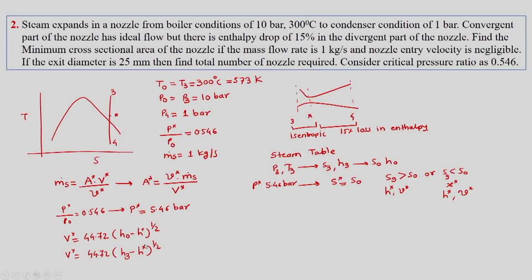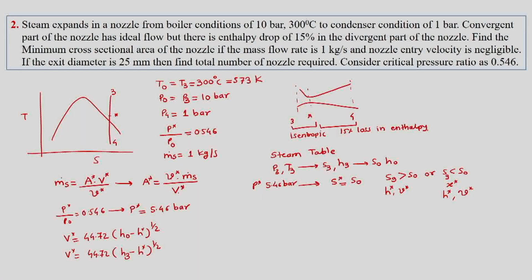Then we can find out the velocity at the star state. Knowing this, we can put that velocity here, put that specific volume over there, and then put the mass flow rate and find out A star, where A star is the minimum cross section. So this is the procedure to find out the minimum cross section.